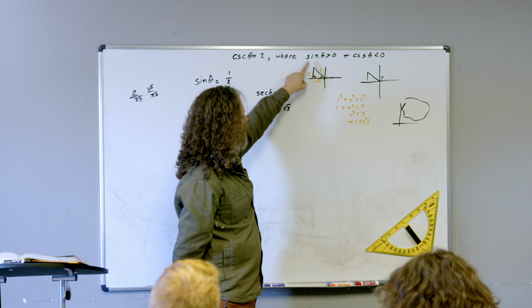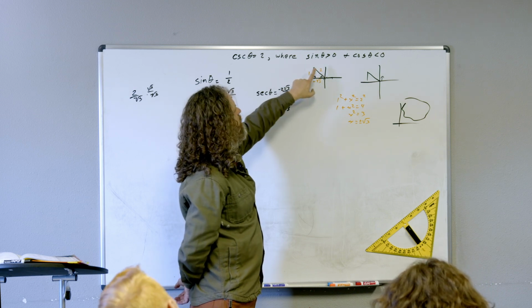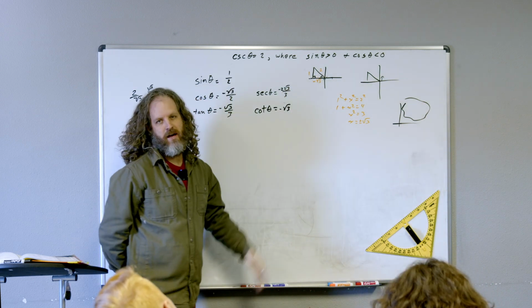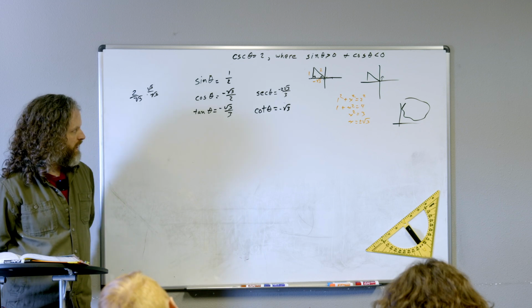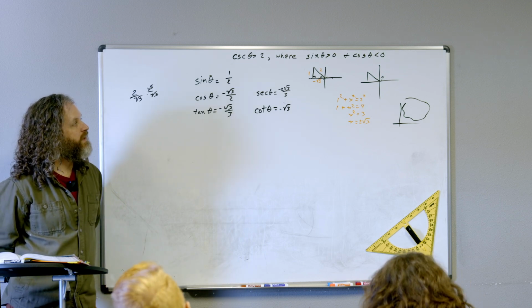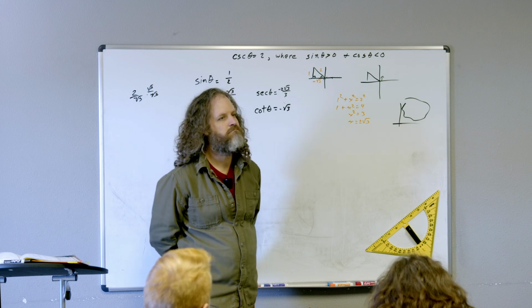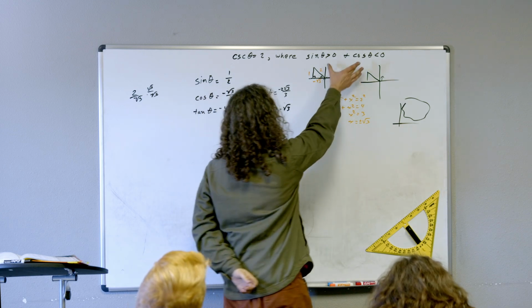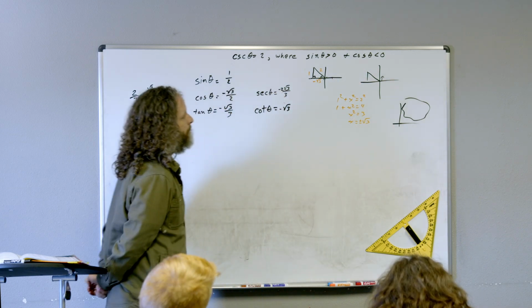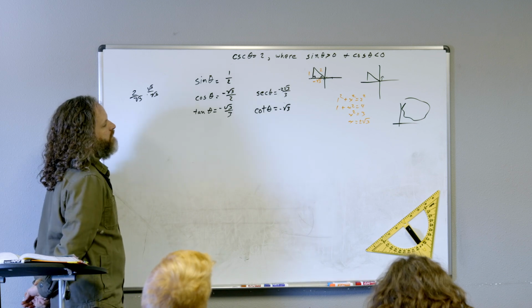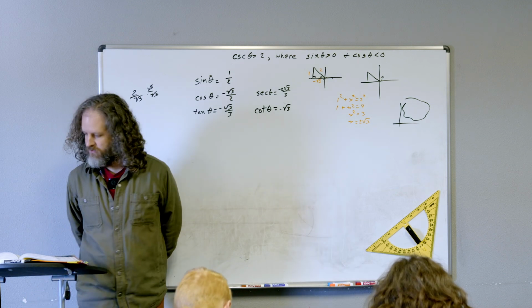R is the radius, the unit circle. Y is up and down. And then we use the Pythagorean theorem to get square root of 3. And it's negative square root of 3 because we're in quadrant 2. And we know we're in quadrant 2 because of these things. Understood. Good. What other questions do we have?